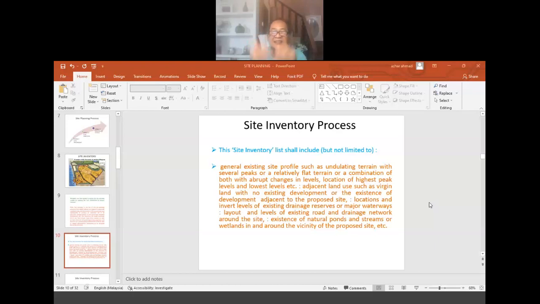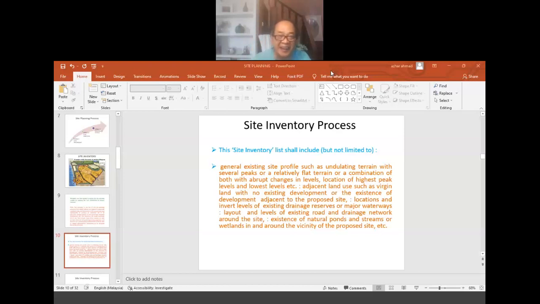So these are the components of site inventory that you need to pick up by looking at and studying the site plan. That is why I mentioned earlier, maybe these first 3 to 4 weeks are a time for you to study the site plan and to come up with an inventory list, the site inventory list.